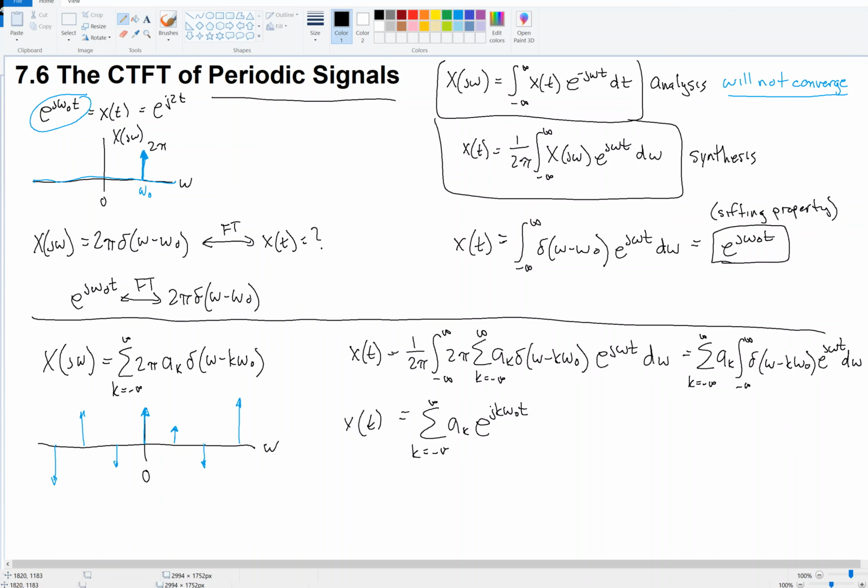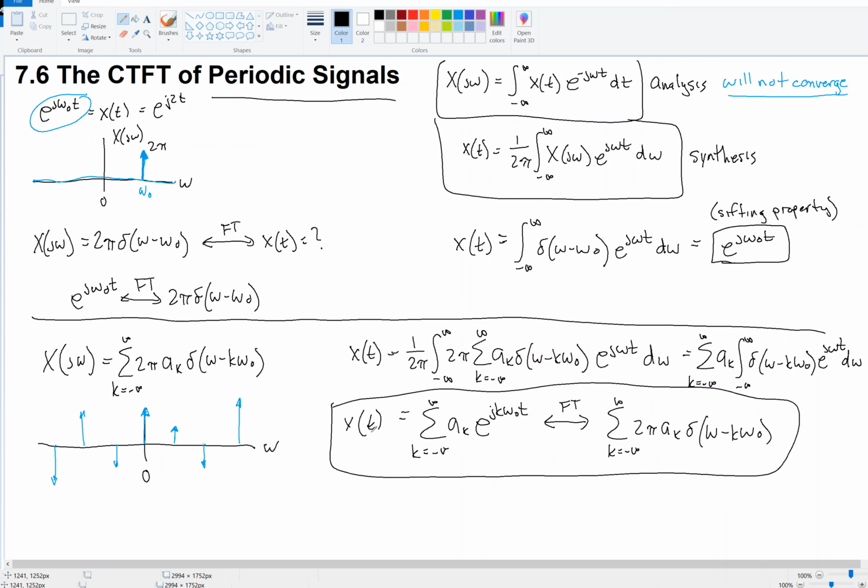So we're saying this has the Fourier transform this, right? This is what we started with. So we kind of did this backwards. We're trying to find the Fourier transform of a periodic signal, so we just guessed the shape, and we found that its signal is this thing.